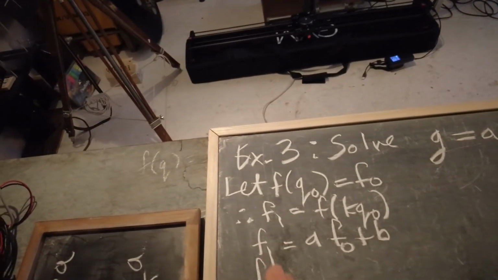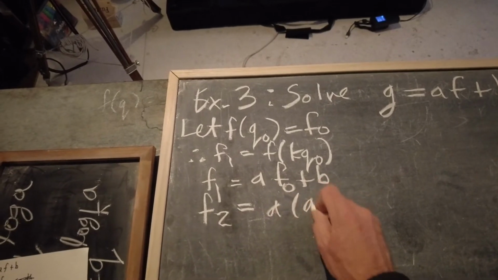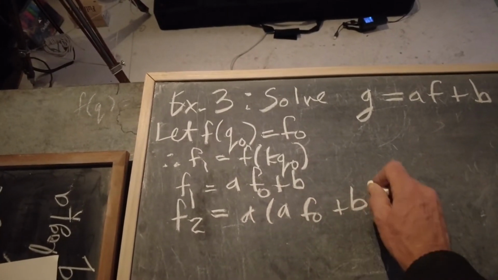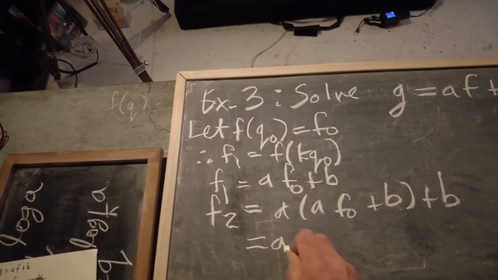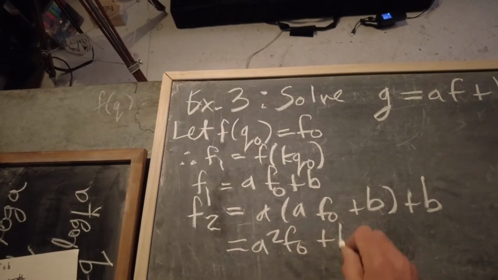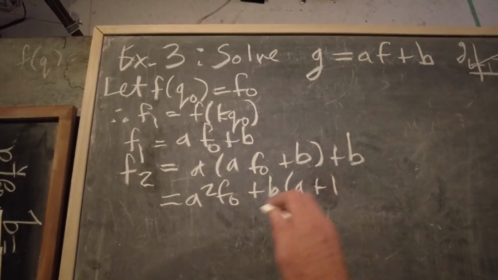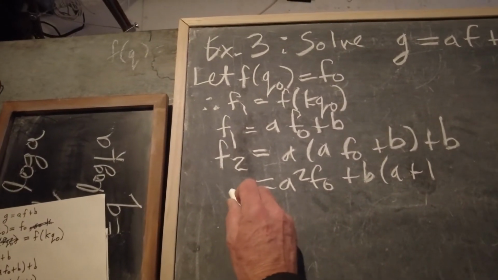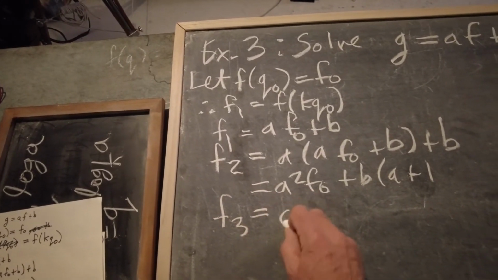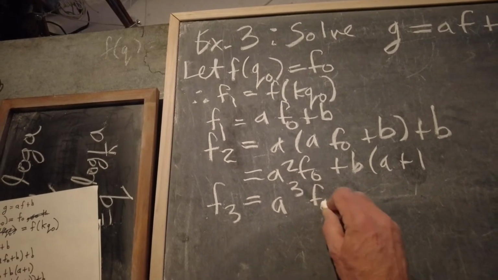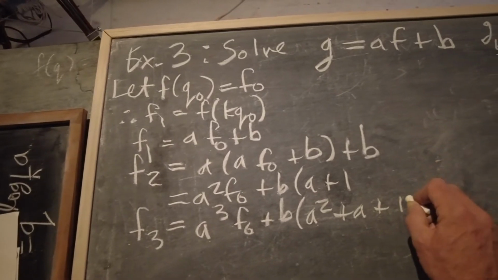And so f2 equals a times af0 plus b, and that equals a squared f0 plus b times a plus 1, and then f3 equals a cubed f0 plus b times a squared plus a plus 1.